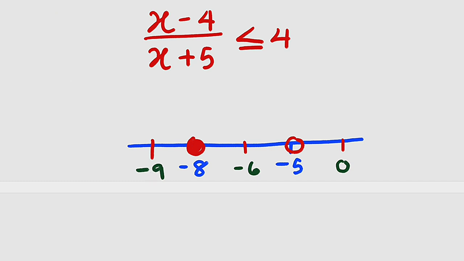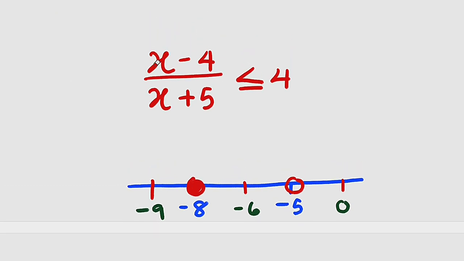Alright, let us test these three values. For negative 9, if you replace x with negative 9, you have negative 9 minus 4, which is negative 13. Negative 13 divided by negative 9 plus 5, that will give us negative 4. So we have negative 4 here. And this is finally 13 divided by 4.